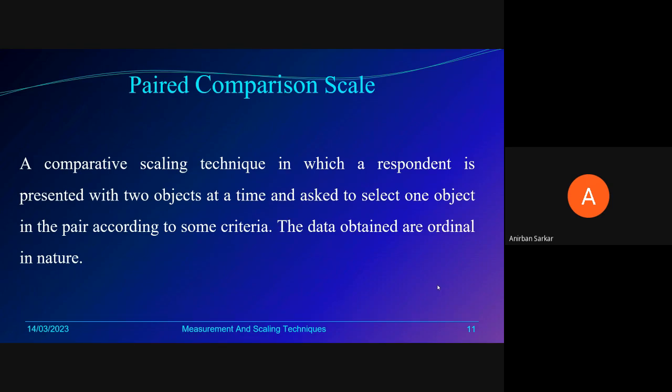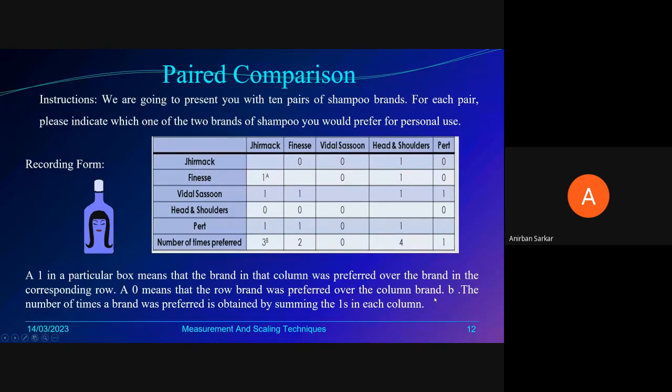This will be easier for you if you can try to understand with this example. Suppose we have 5 brands of shampoo, say Jirmac, Finesse, Vidal Sassoon, Head and Shoulders, and Part. Now, you see here, for each pair, which we are drawing in a matrix form, for two shampoos, you are being asked to give your preference.